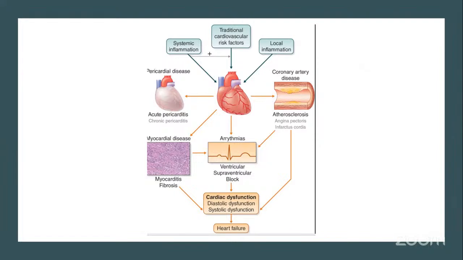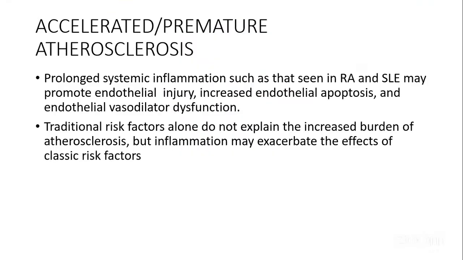Like I said, you have the accelerated atherosclerosis, you can have inflammation of the pericardium, of the myocardium, and all this now leading to all those complications where you have different types of arrhythmia. You can have heart failure, whether diastolic dysfunction, systolic dysfunction, cardiomyopathy, and ultimately leading to heart failure.